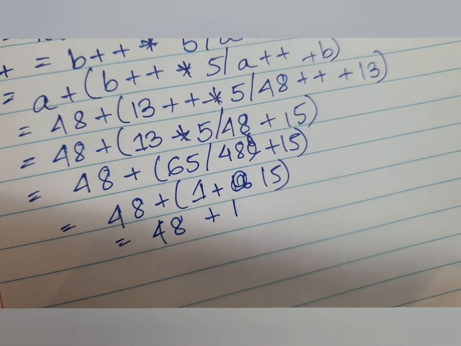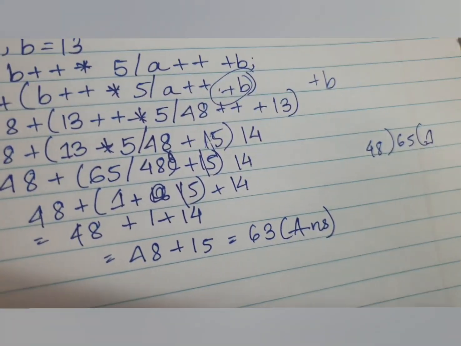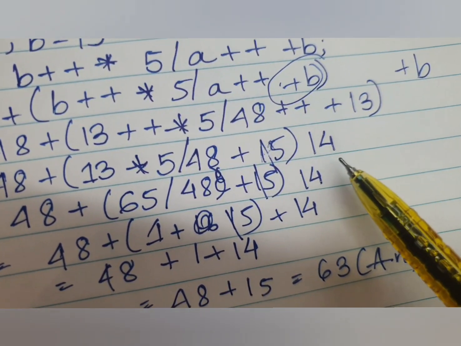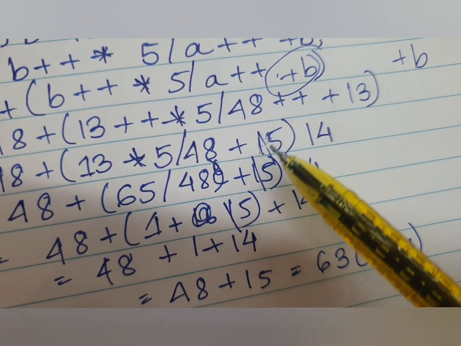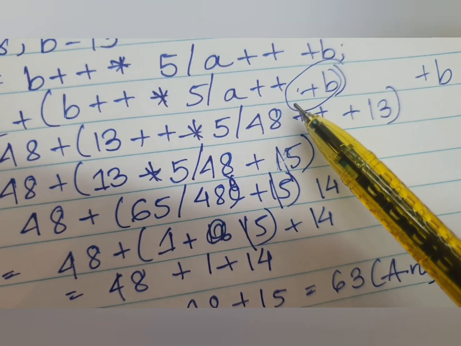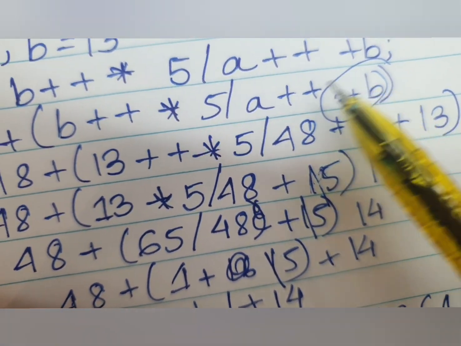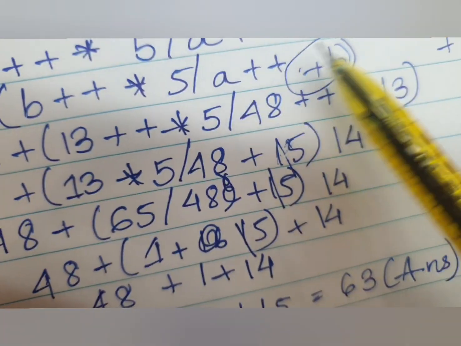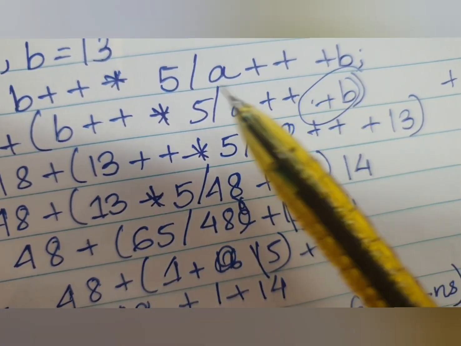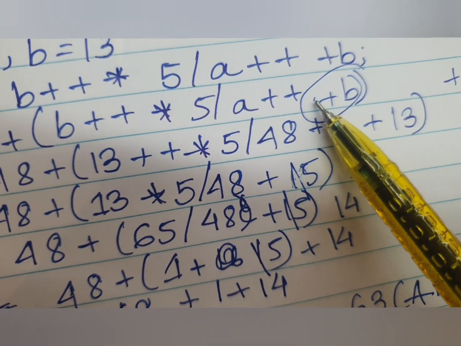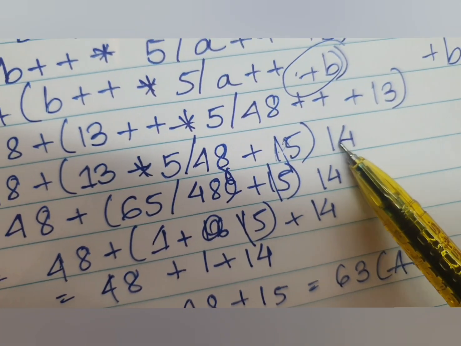Okay, wait. One correction I must make. I had told you that this is 15, but this is not 15, because I thought there is a prefix before B, but as you can see there is only a single plus before B, and the A++ is after A. As I told you, B's value will become from 13 to 14. So since it's only +B, you will write 14.